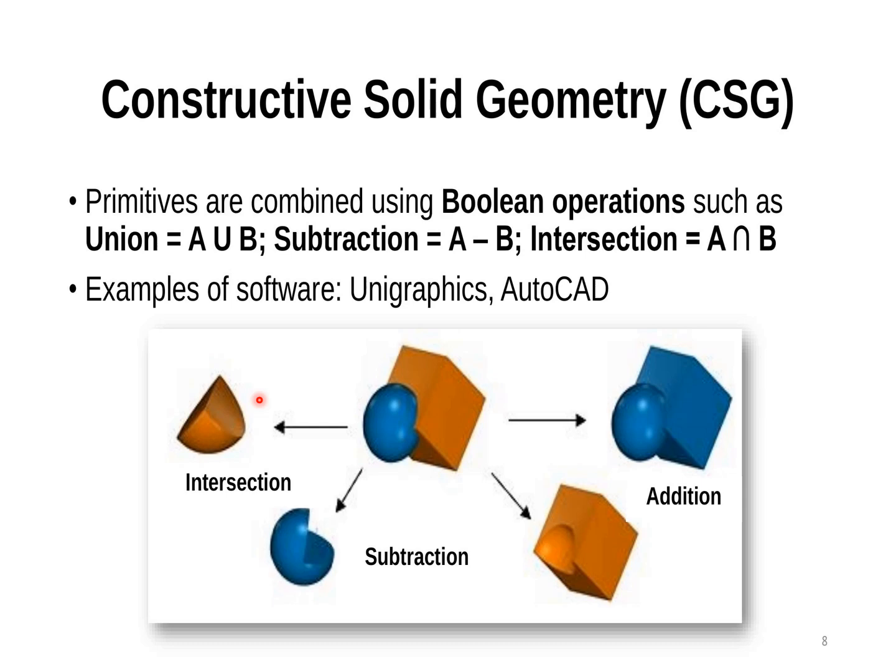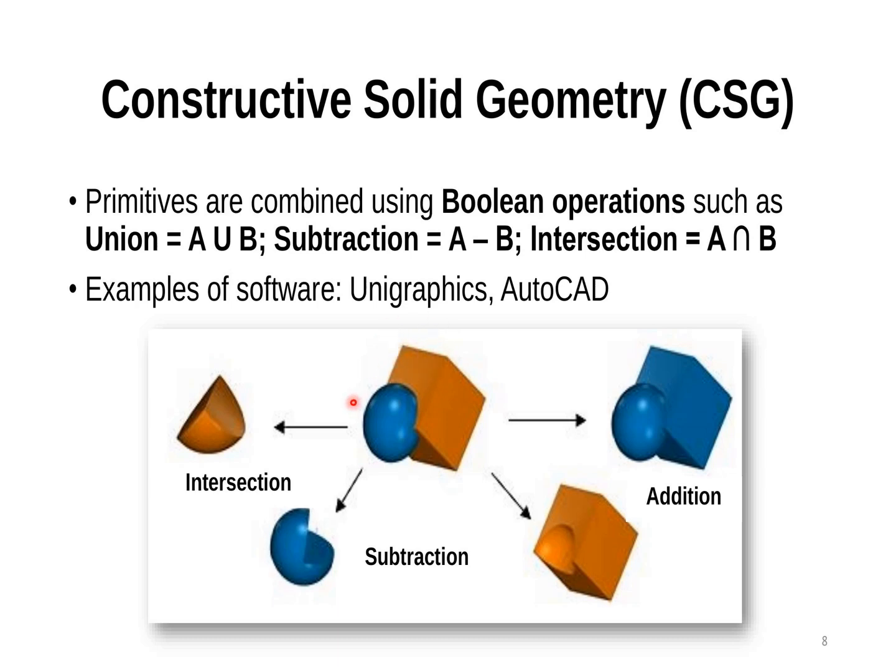So software yang menggunakan constructive solid geometry contohnya adalah AutoCAD dan juga software yang kita gunakan dalam makmal lah, contoh macam SolidWorks. Jadi from the image here we can see we have a blue sphere and an orange cube.